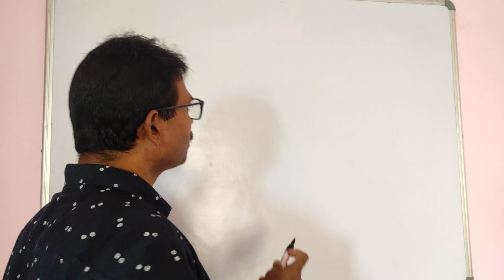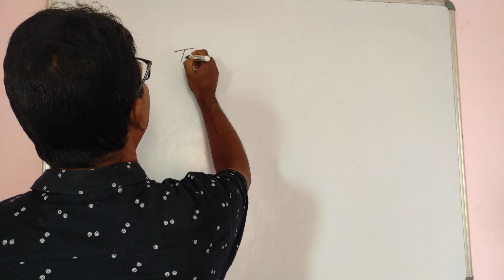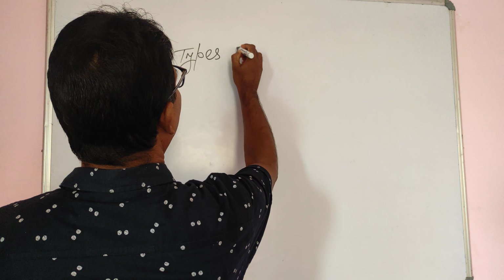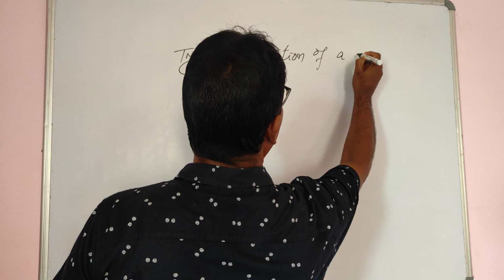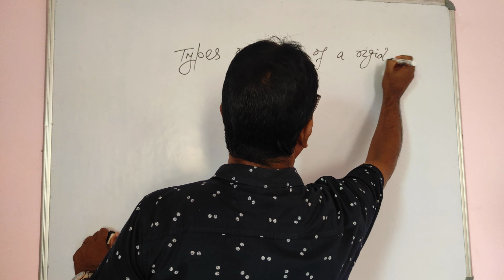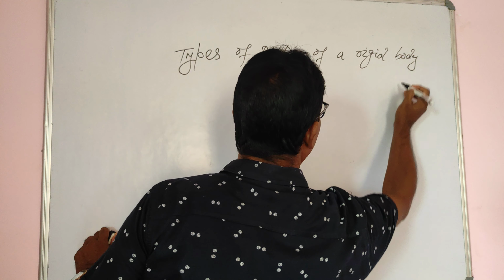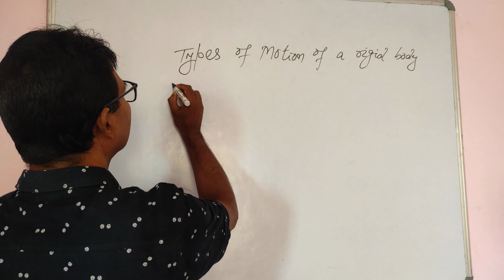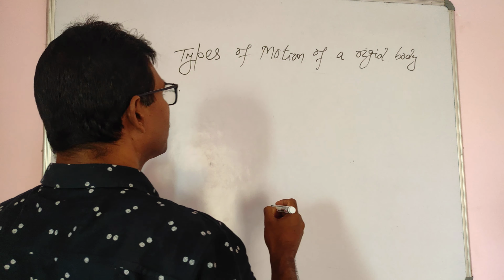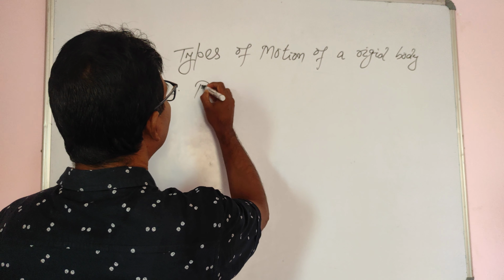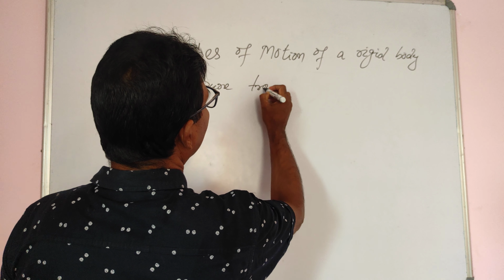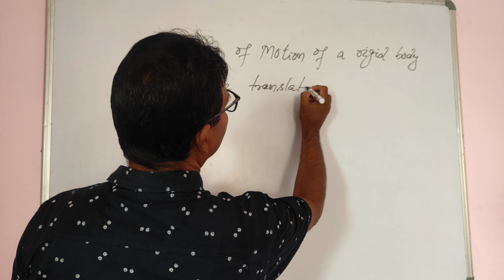Okay. Today we have to discuss the types of motion of a rigid body. Is that clear? Generally there are three types of motion in a rigid body. One is pure translational motion.